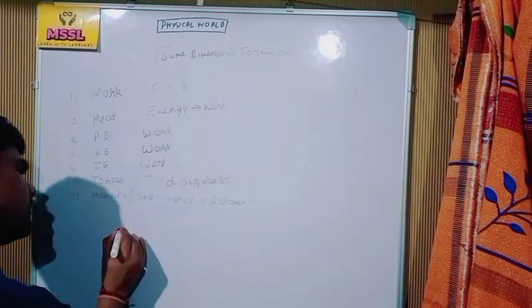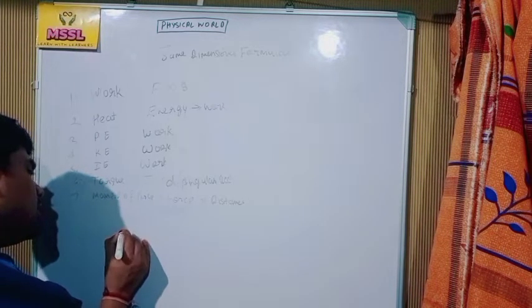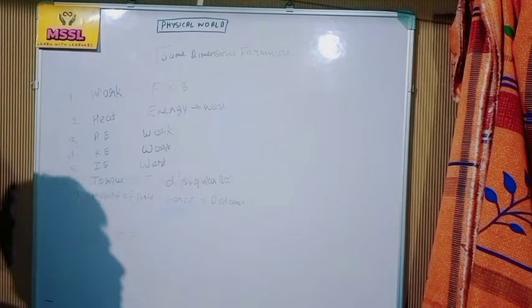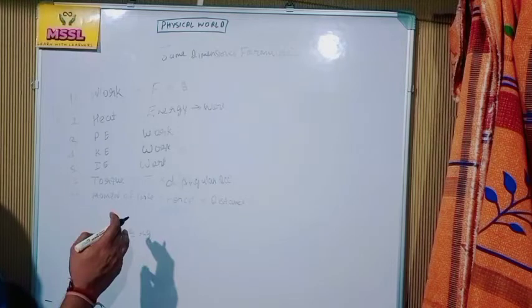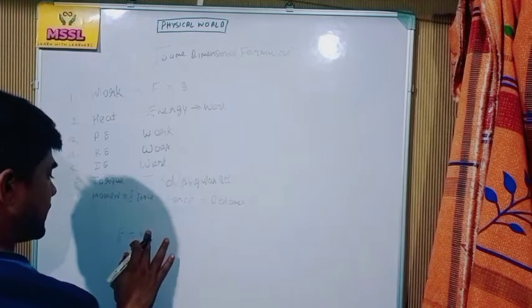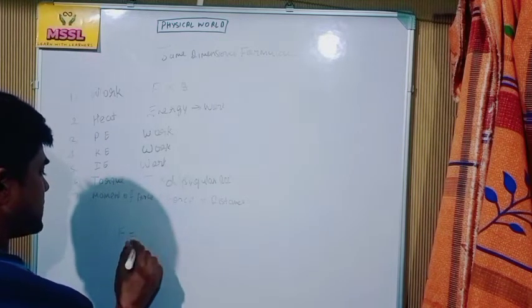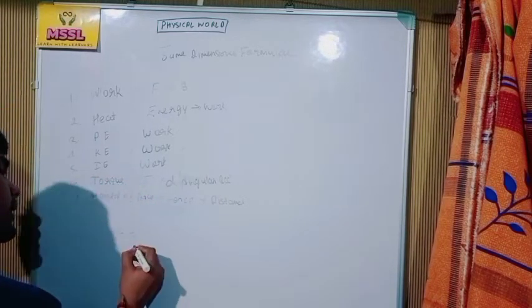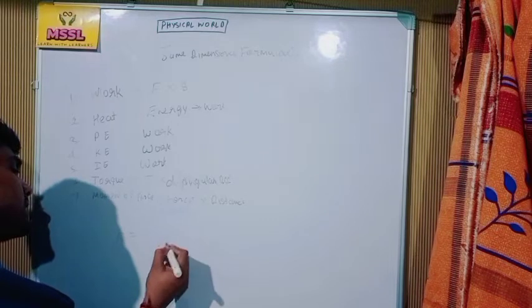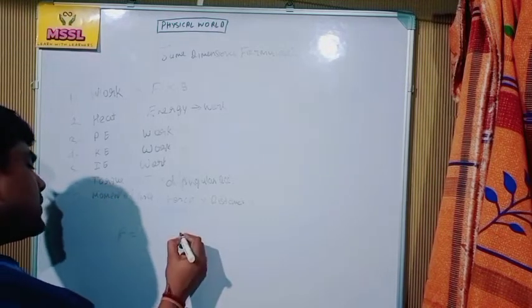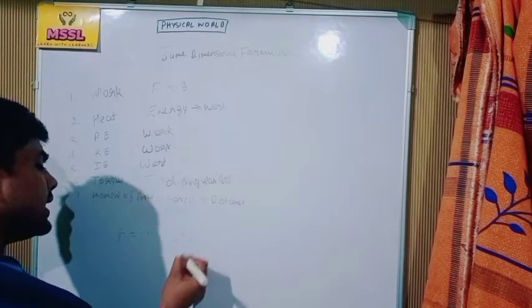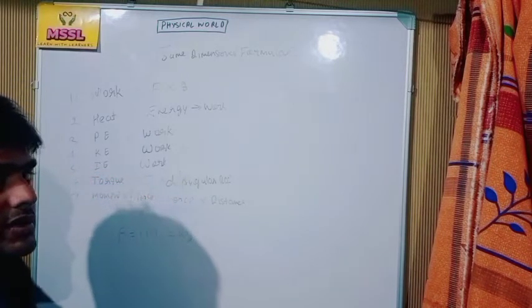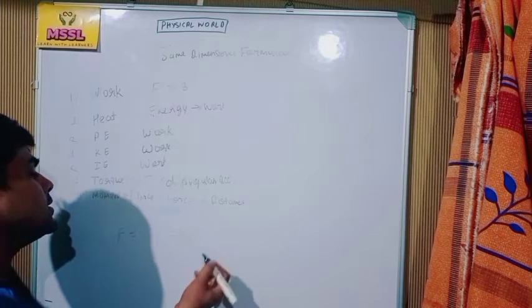So, force. You know the dimensional formula for force. What is the dimensional formula for force? Force is mass into acceleration. Mass is in kg, and acceleration is change in velocity over time.